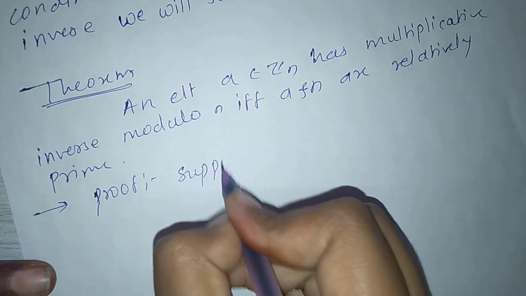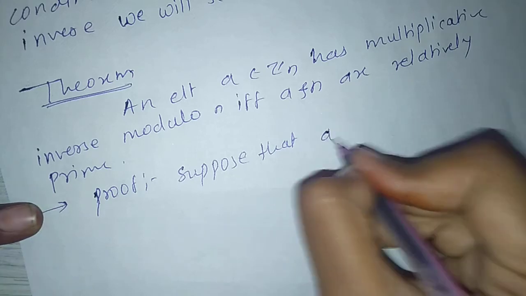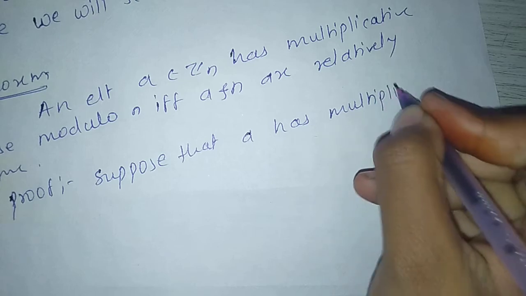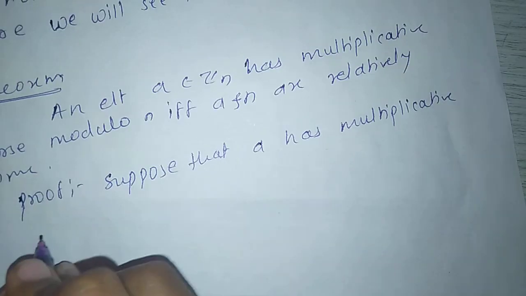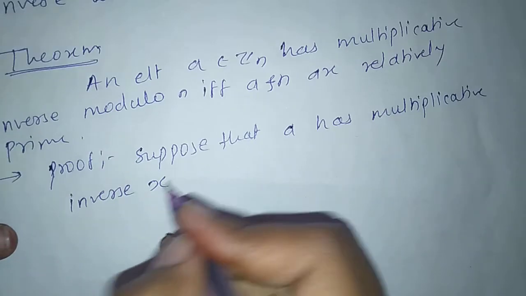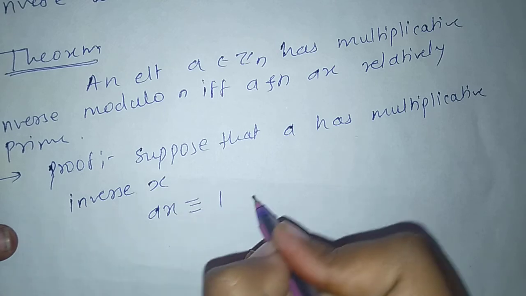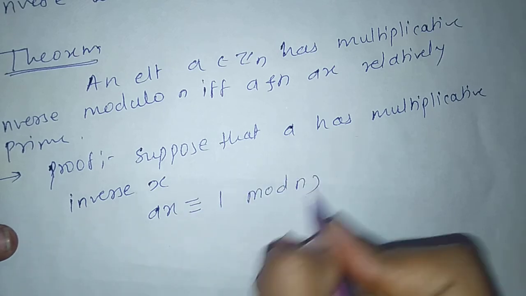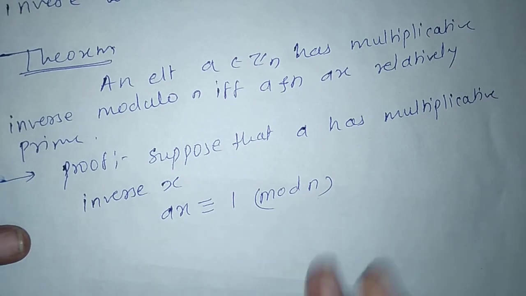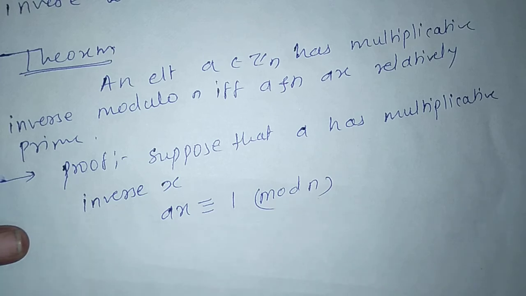Suppose that a has multiplicative inverse, x. So we get a into x is congruent to 1 modulo n, means under modulo n, a into x equal to 1.